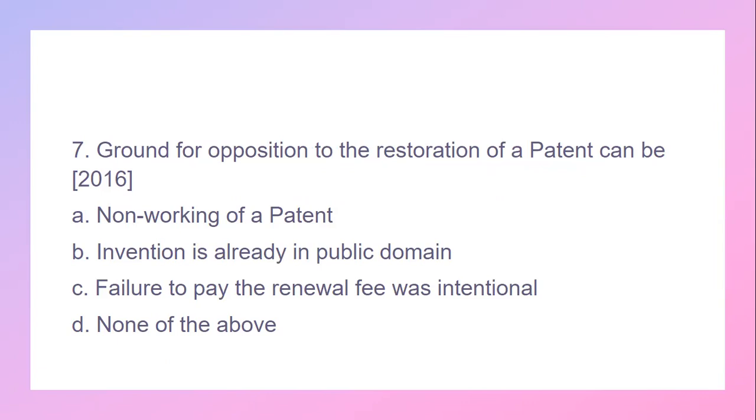So do not confuse opposition to restoration with section 25, which is otherwise a general case of opposition. When we are talking about opposing a restoration, then there is only one ground, which is that the failure to pay the renewal fee was intentional. If that is the case, then that is the ground for opposition to restoration of a patent. And do not confuse it with section 25.